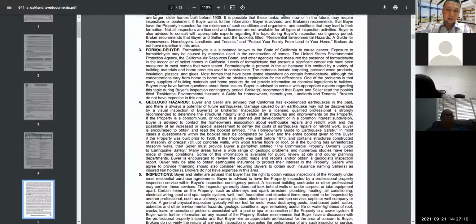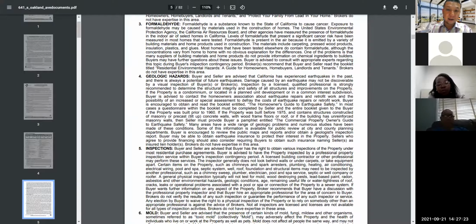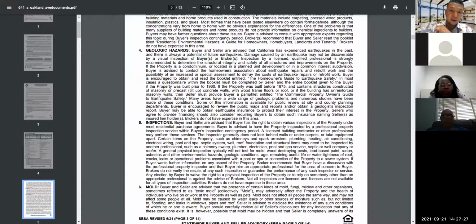Now, there's things called formaldehyde. This is a cancerous material that could be in some homes. There's geological hazards such as earthquakes. You could be on a fault line. Like in Northridge, they had a fault earthquake in the early 90s.